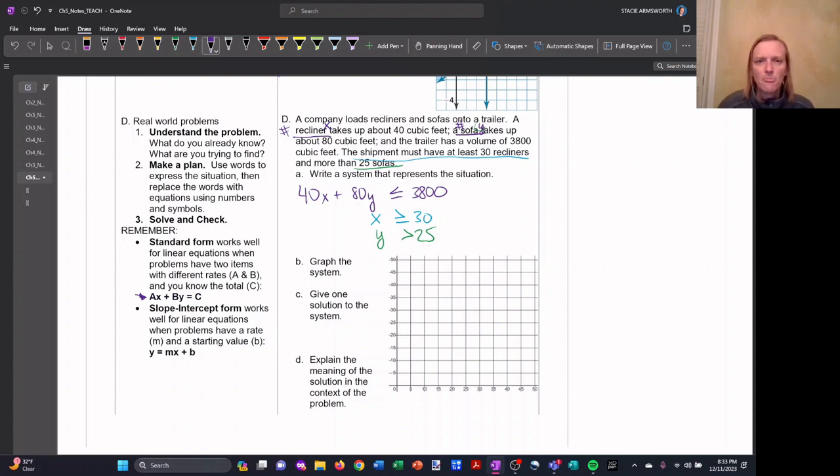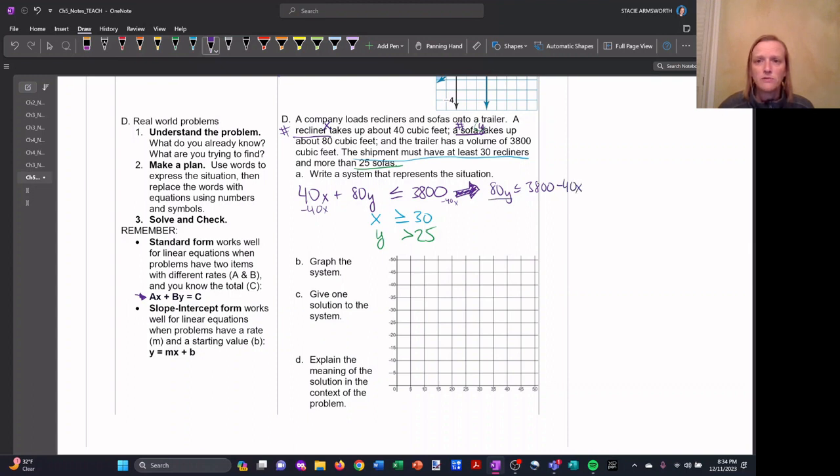Before I can graph this, I need to convert my purple inequality here into a more easily graphable form, slope-intercept format. So I'm going to get y all by itself on one side of the inequality. I'm going to subtract 40x from both sides, and that gives me 80y is less than or equal to 3,800 minus 40x.